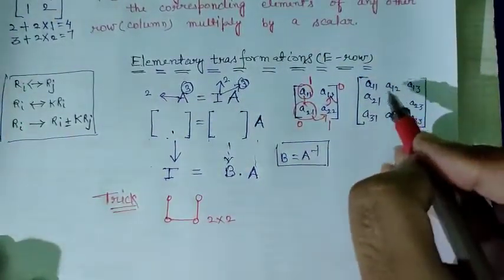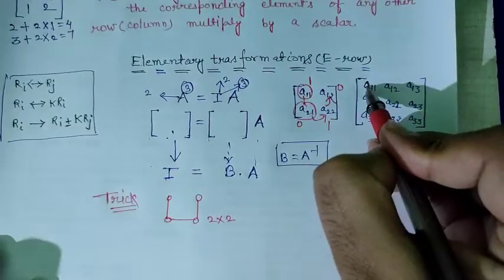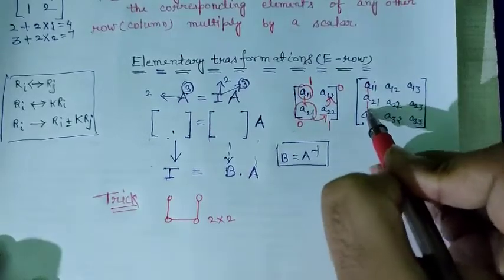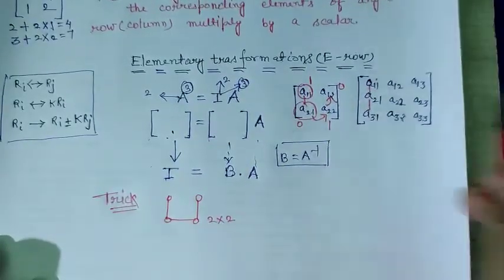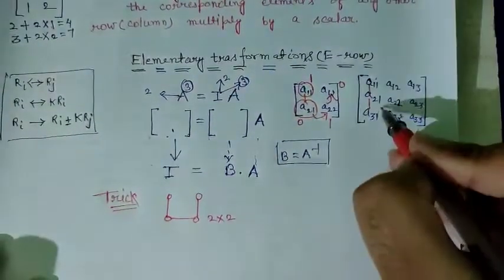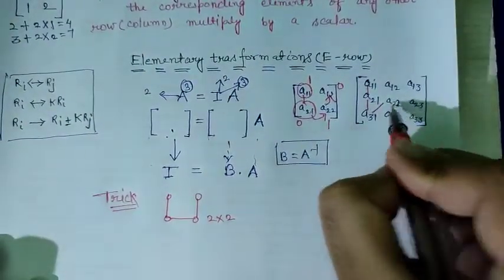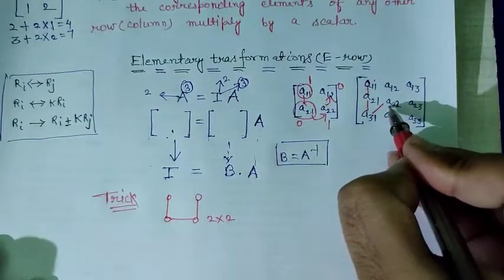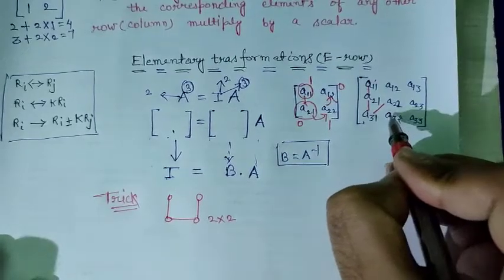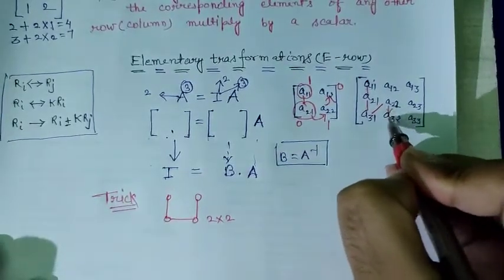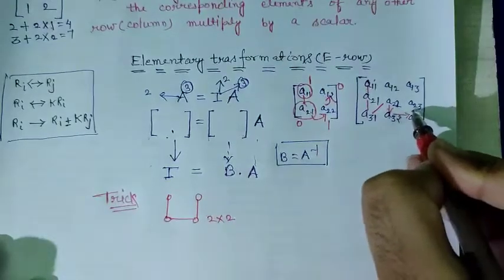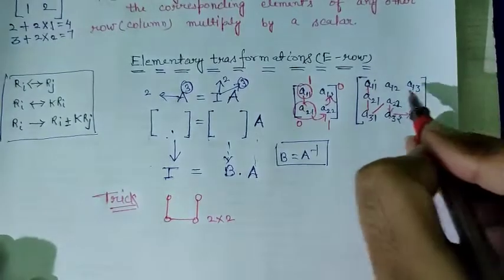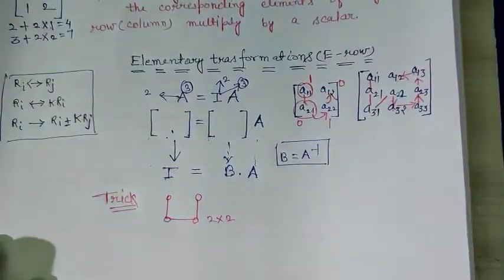If it is of order 3, then we'll start with this element 1, 0, 0, then this one will convert A22 into 1, obviously, to make it an identity matrix, and then this one 0 and 1 again, 0 and 0, and finally this one as 0.